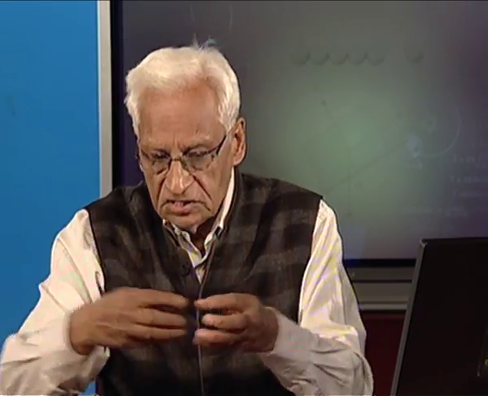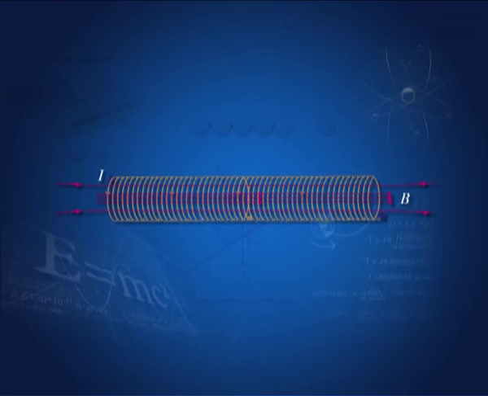Therefore, it has both circular symmetry as well as translational symmetry. And all this reinforces the fact that the field lines must be along the axis. I have taken a very long solenoid here, and you can see the field lines at the periphery, that is near the edges, are very weak. It will make a loop here, but the field along the center is very strong, it is reinforced.